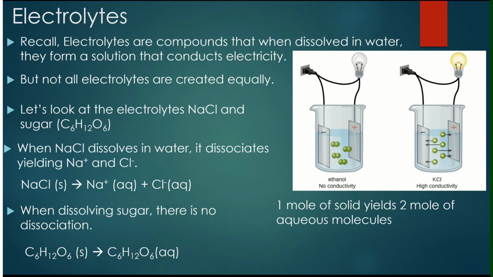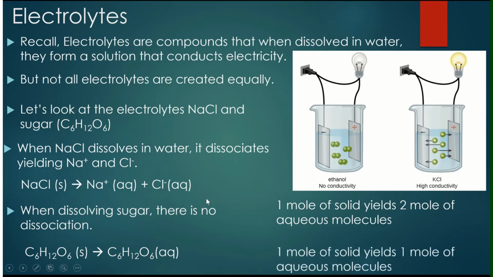When we throw it into water, one C6H12O6 particle will come apart from another, but it doesn't dissociate like sodium and chloride ions. So, again, why is this important? 1 mole of sugar is only going to yield 1 mole of aqueous molecule. It's not going to dissolve and split in half and double like sodium chloride.